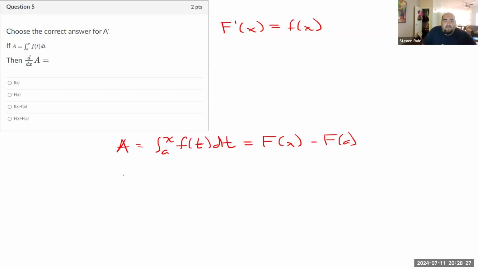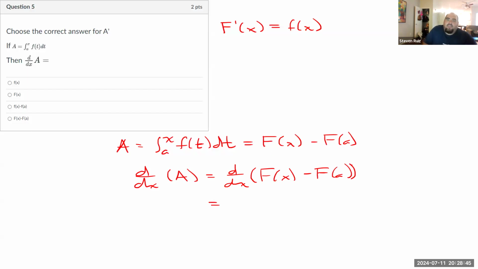But I'm not asked about capital A, I'm asked about the derivative with respect to x of A. So that's going to be equal to the derivative with respect to x of F of x minus F of a. What's the derivative of capital F of x? Well, by the definition I gave up there, that is lowercase f of x. What's the derivative of capital F of a? Capital F of a is a constant, so that's 0. So what I'm left with is lowercase f of x, which is my first option.